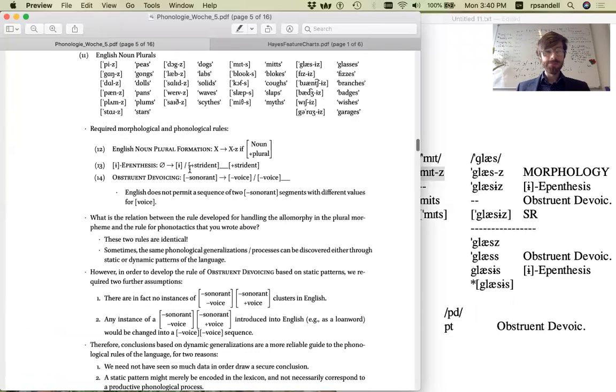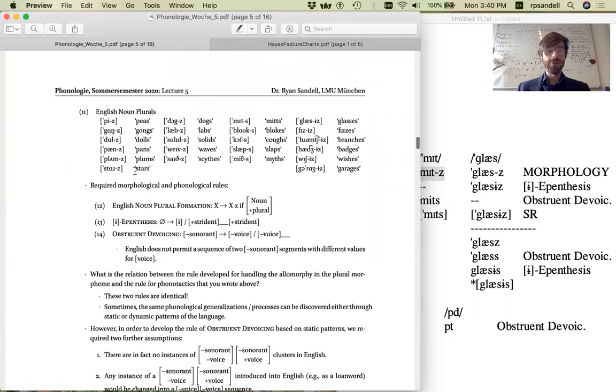Now, if we consider those English noun plurals once again, the evidence from the English noun plurals allows us to discover this very same, this identical obstruent devoicing process.